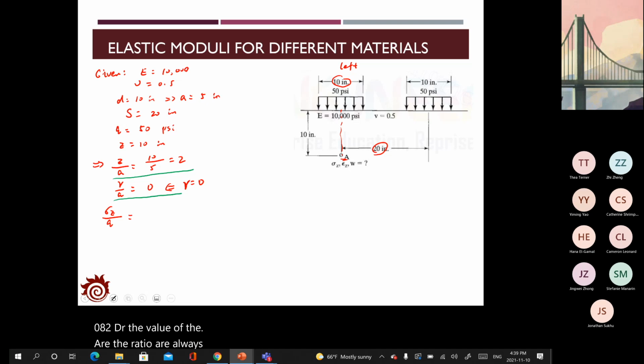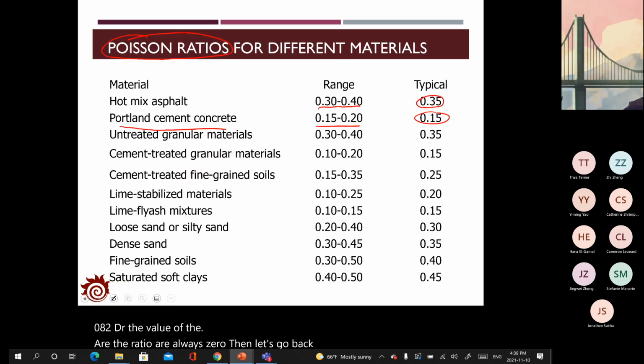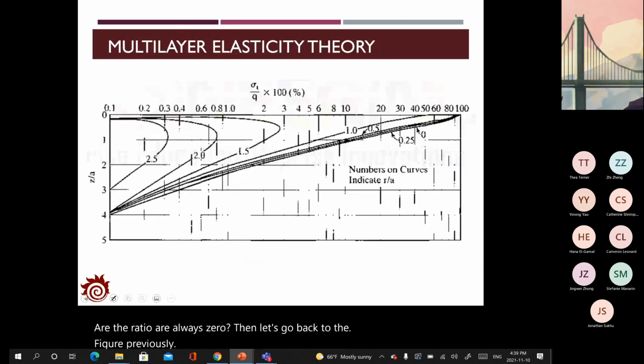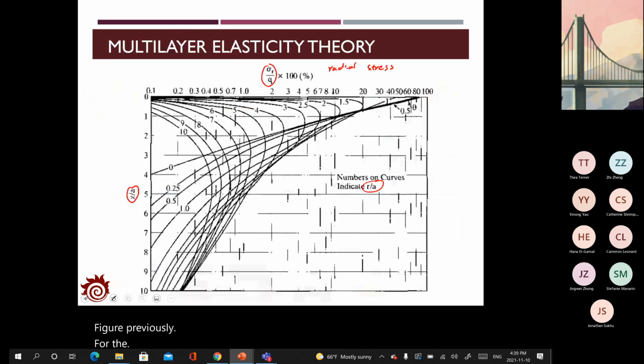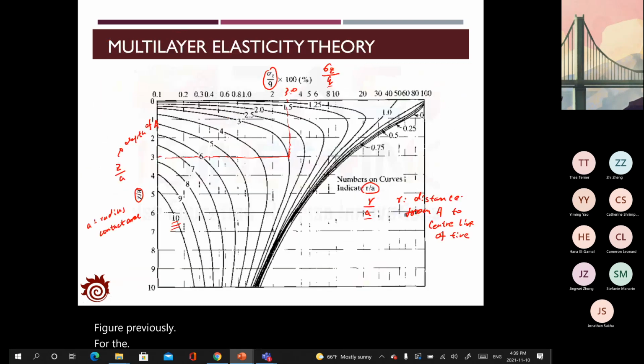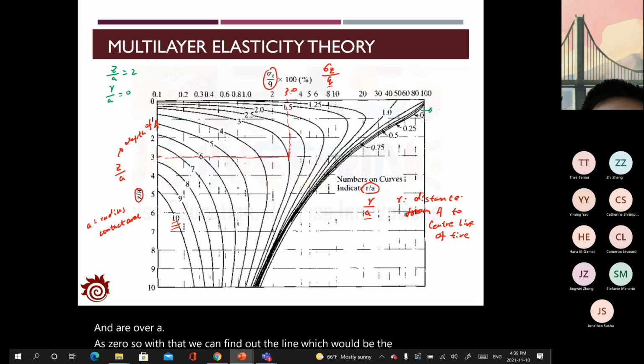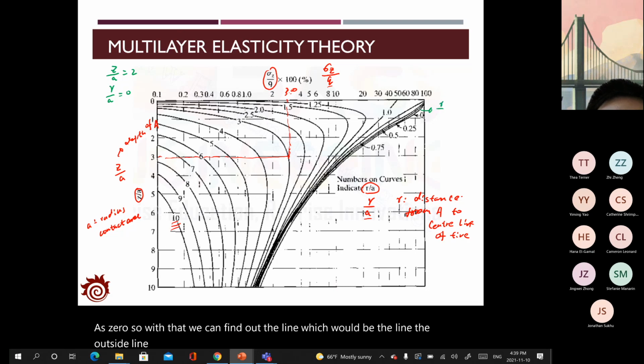Then let's go back to the figure previously. In this figure, we know z over a is 2 and r over a is 0. So with that, we can find the line, the outside line. This one represents r over a equal to 0.